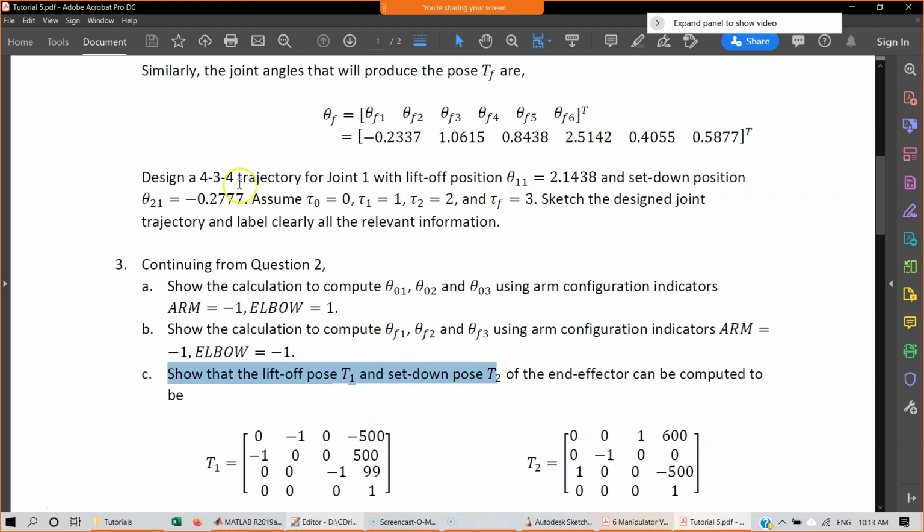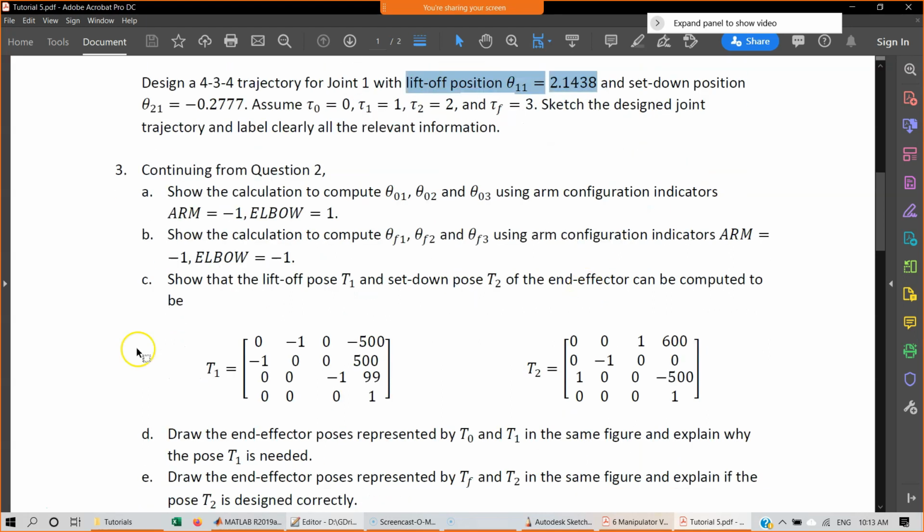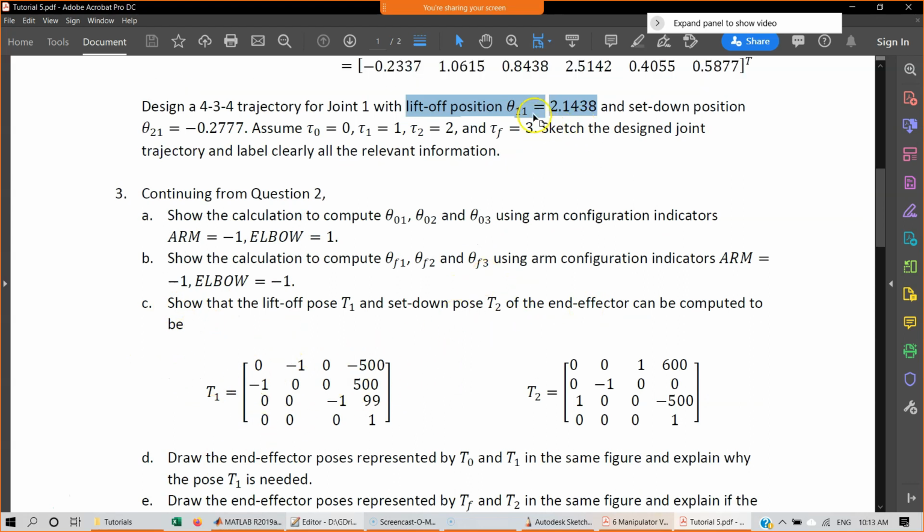So here you are given the lift off position, and this is computed using inverse kinematics from the lift off pose. And in question C, you have to actually show how you can compute T1, the lift off pose, to be this matrix. You have to show.